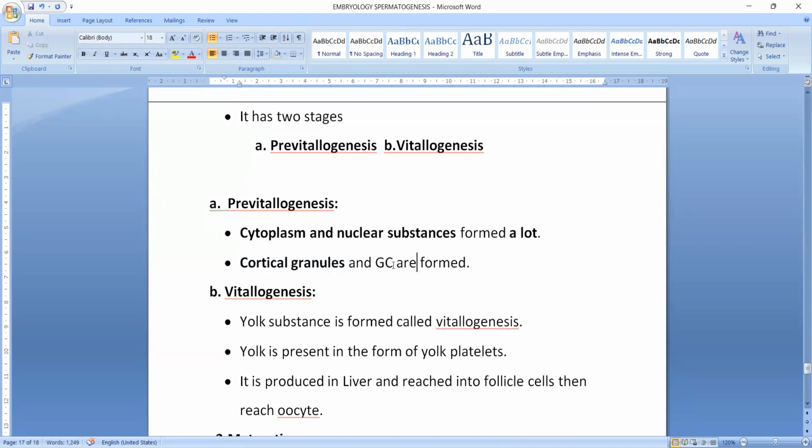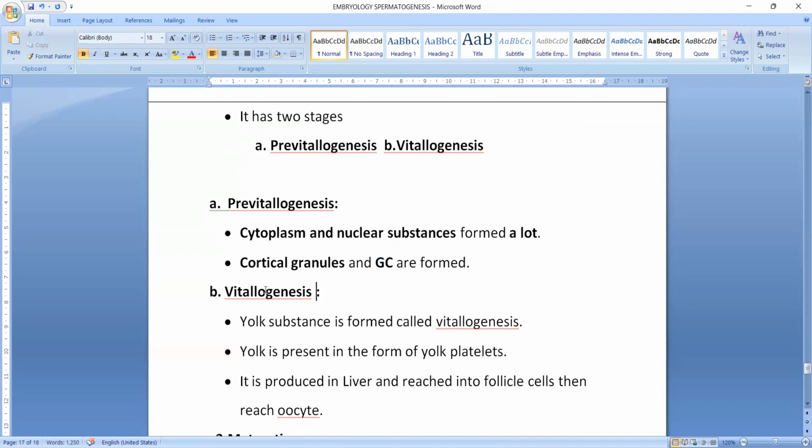The Golgi complex is present, but its number is also increased. Cortical granules are very important for every oocyte. They come into play again at the time of fertilization, so remember that.